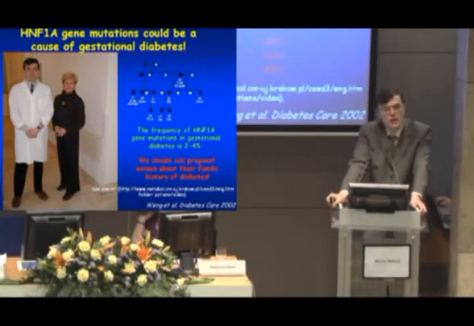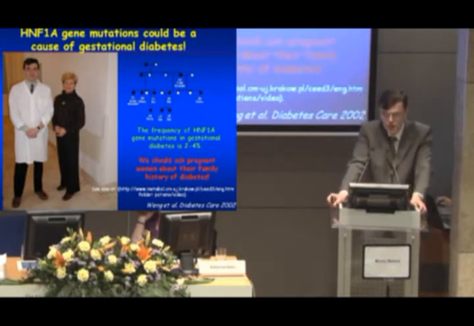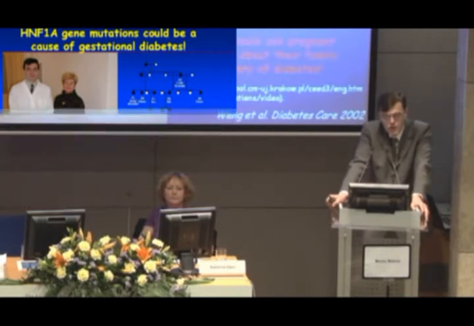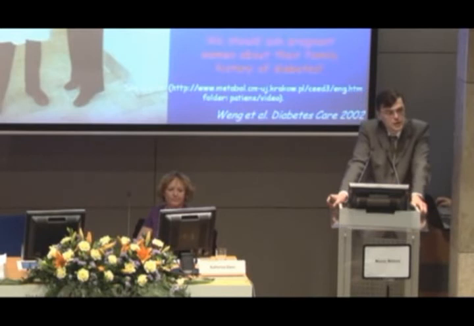And again, I would like you to remember that HNF1 alpha gene mutations may be a cause of gestational diabetes. We should ask pregnant women about their family history of diabetes. I am showing a picture of one of our patients who developed gestational diabetes in her 60s.